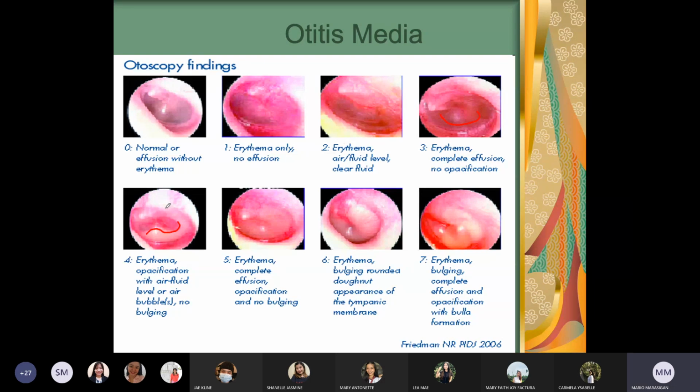Okay? Yung white surrounding membrane. So, anytime, pwede na yung puputok. So, erythema with opacifications, air fluid level, air bubbles, but no bulging. Here, erythema, complete effusions, no bulging. Dito, nagbabulge na siya. And this one, pwede na siyang mag-perforate.